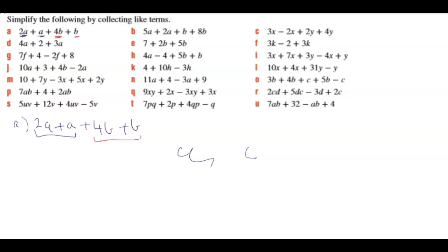So 2 lots of A plus another lot of A gives us 3A, and 4B plus B gives us 5B. We cannot simplify that further, so it just says 3A plus 5B.